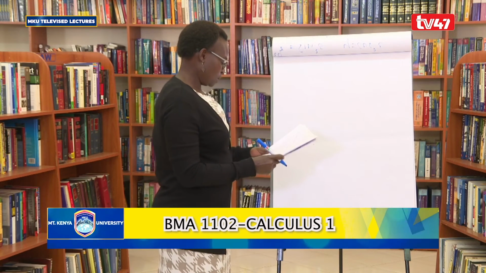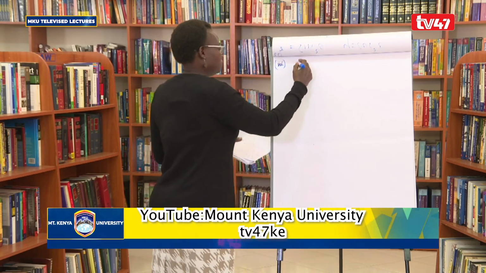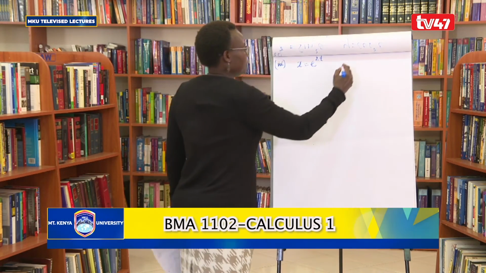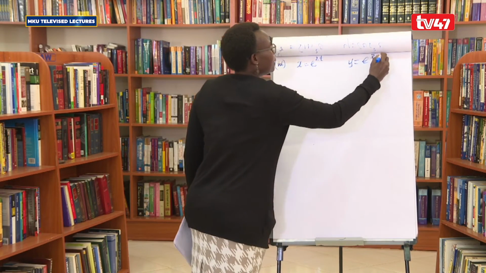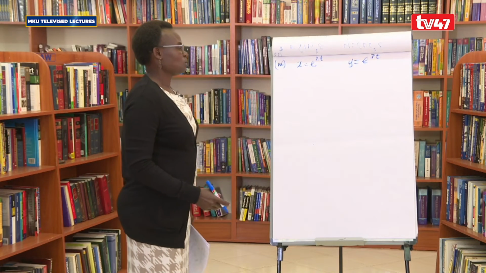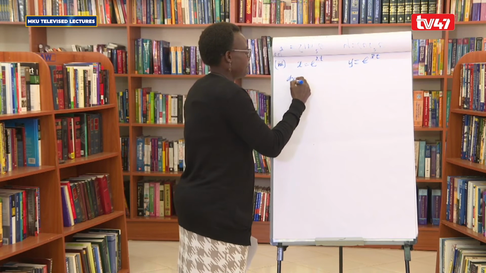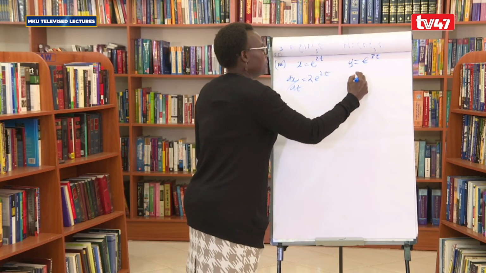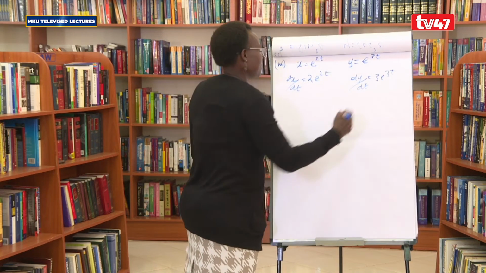So just one last example. Example 3, we have x as e to the 2t and y as e to the 3t, or e raised to power 3t. So dx over dt will give us 2e to the 2t. dy over dt will give us 3e to the 3t.